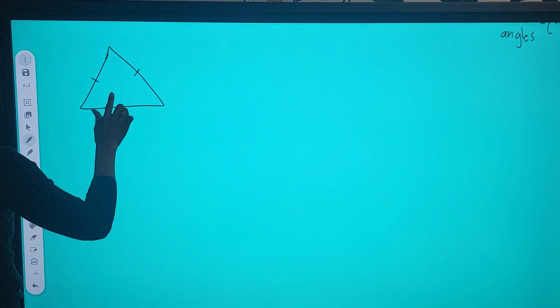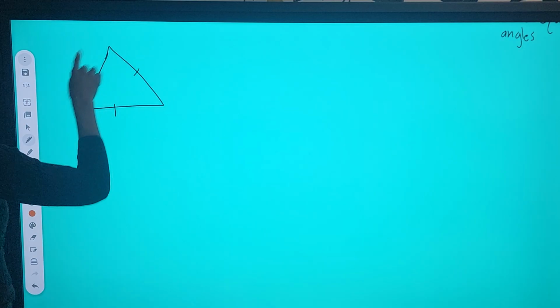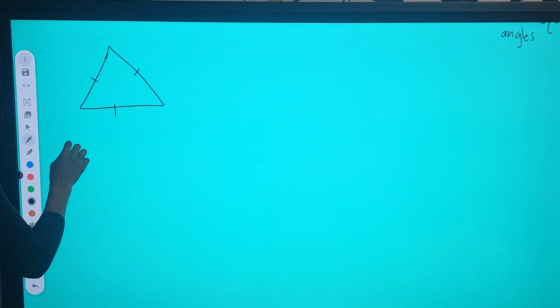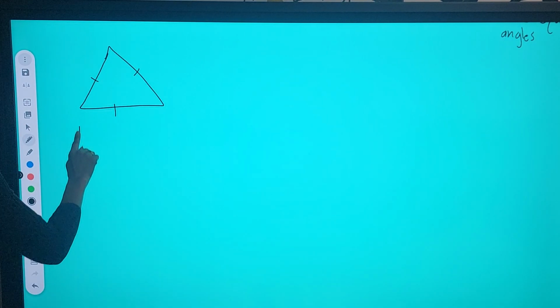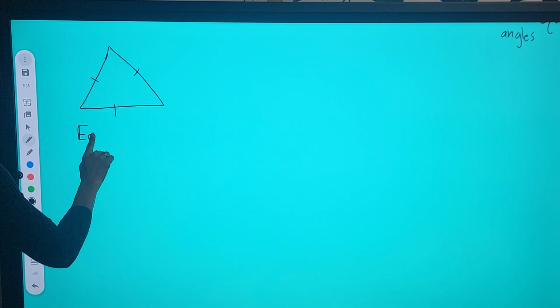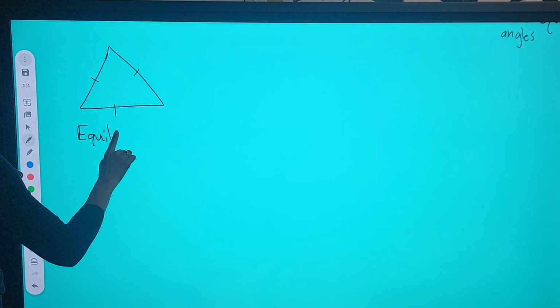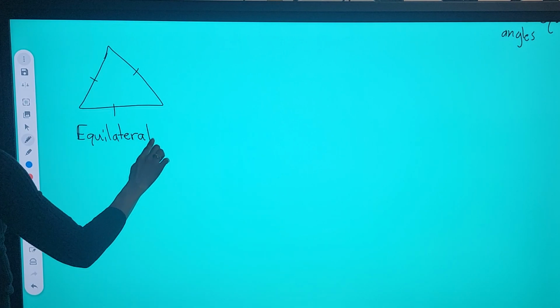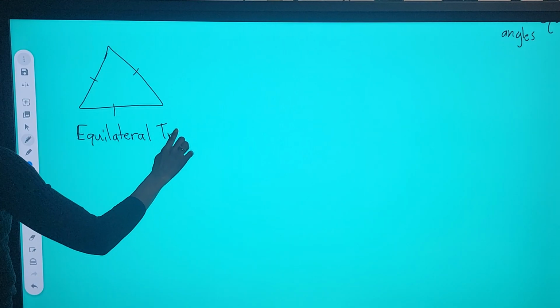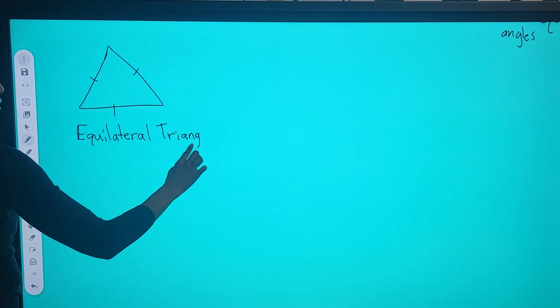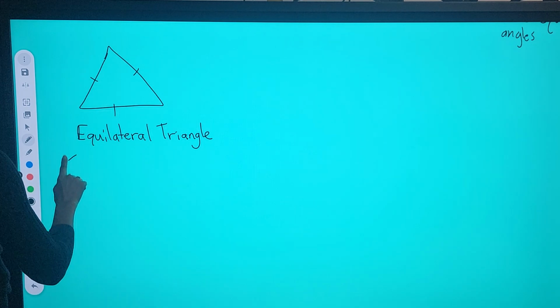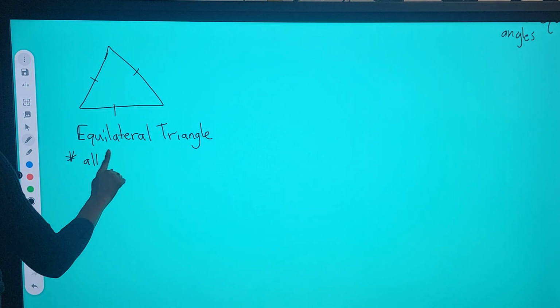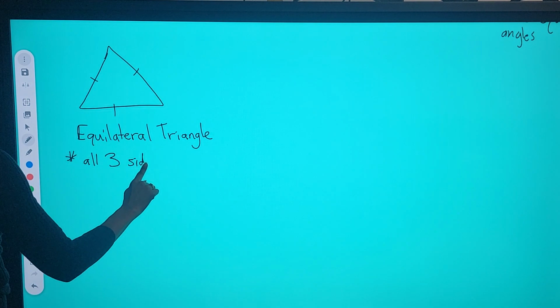So here is the one I was thinking about earlier. If I have three sides on my triangle that are equal, we would call this an equilateral triangle. Equilateral meaning all the sides are equal.